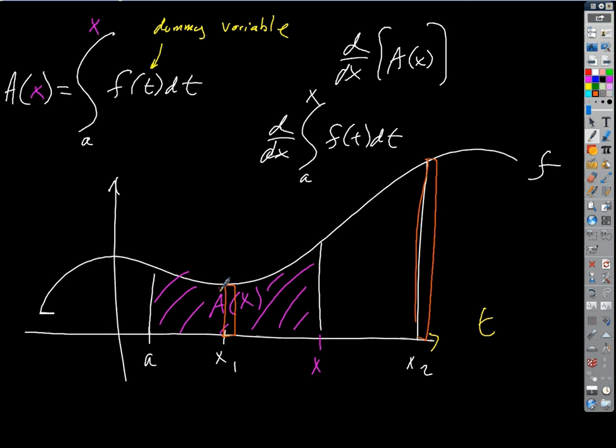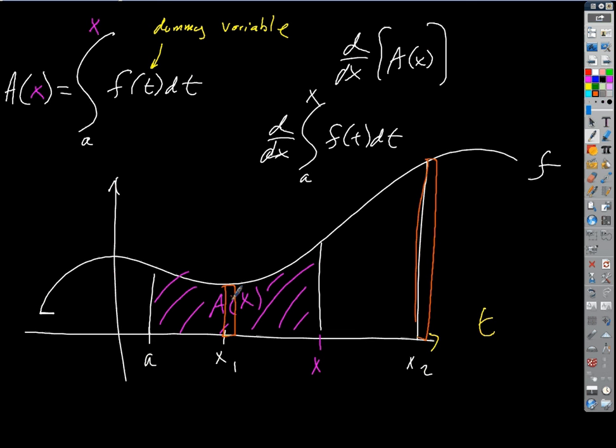So the rate at which I'm changing area, if I hold everything else constant, if I'm sweeping out area at a constant rate, it's really going to depend on the height of the function, isn't it? If the function is twice as high here, or 3 times as high here as it is here, I should be sweeping out area at 3 times the rate here that I am there. Agreed? Does that make sense?